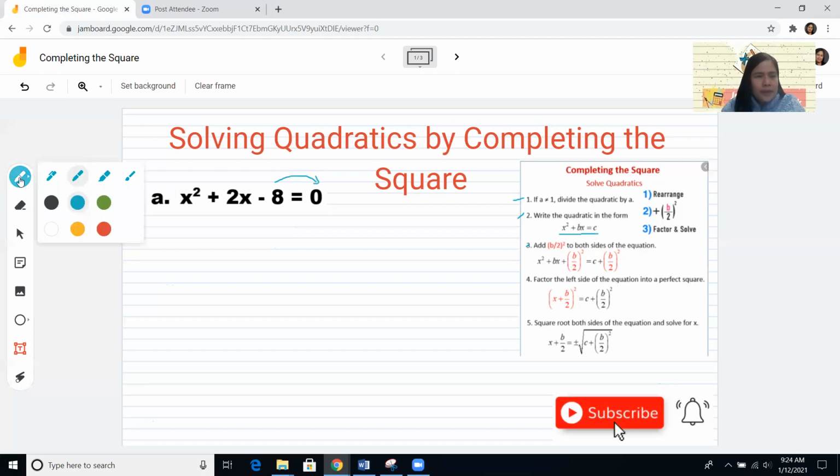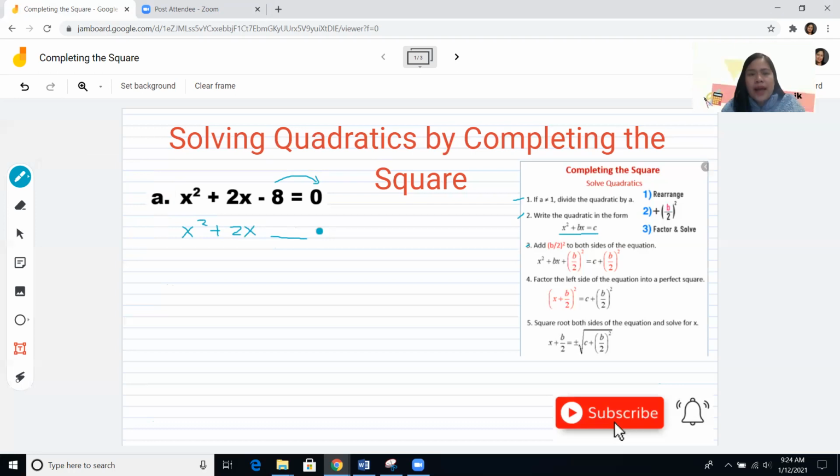Let us write it. We have x squared plus 2x, and I am writing a blank on both sides. You will discover why later. So we'll move negative 8 across the equal sign: plus 8 on both sides.